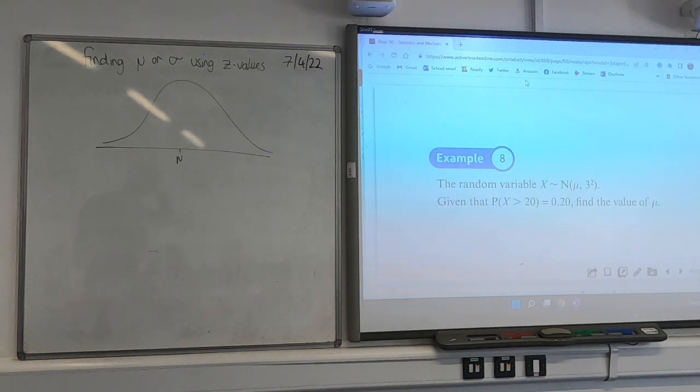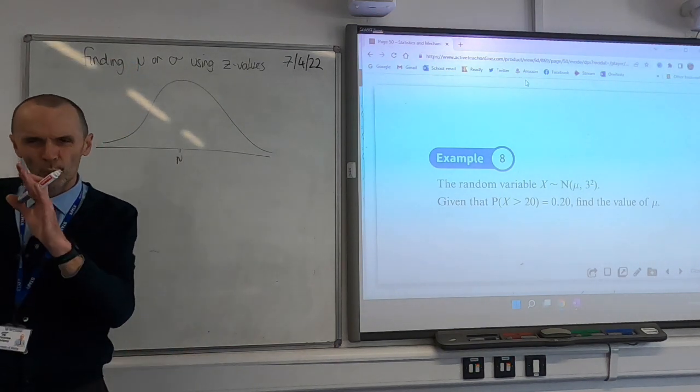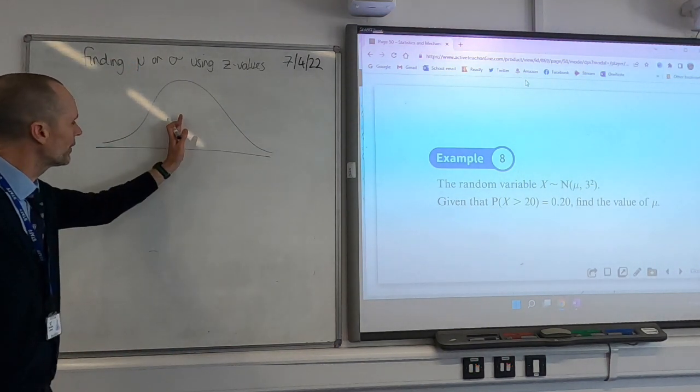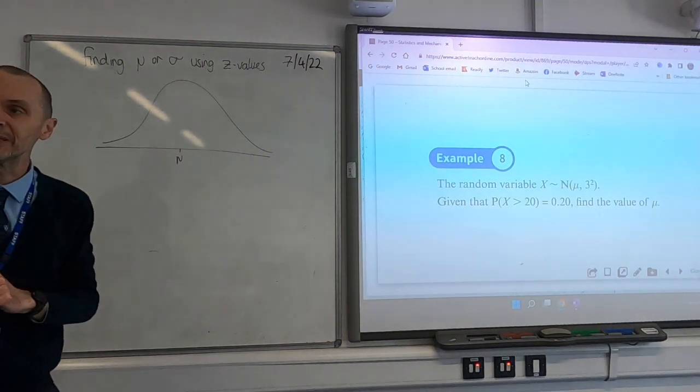So now the probability that x is greater than 20 is 0.2. Right, so straight away I know that because the area under this graph is 1, and therefore the area to the right of the mean is a half, I know 20 is bigger than the mean.